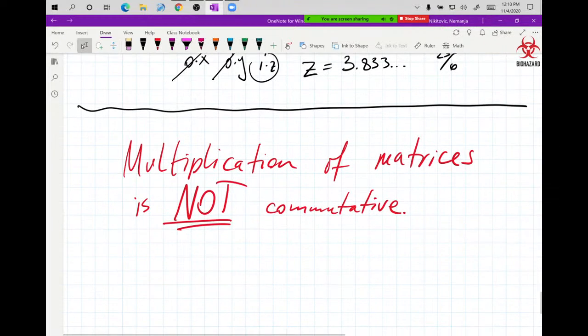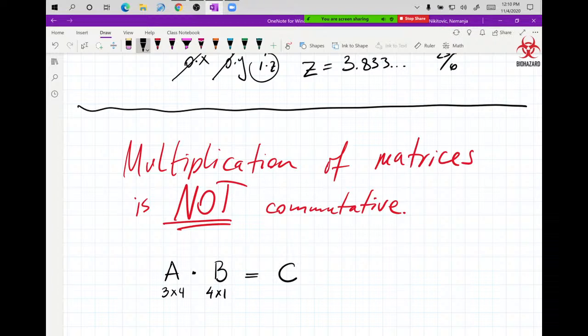And a very simple reason is the one that requires the matrix size to fit in the middle. So let's say you have your matrix A of size 3 by 4 multiplied into a matrix B of size 4 by 1. This is going to give you an answer of a 3 by 1 matrix.